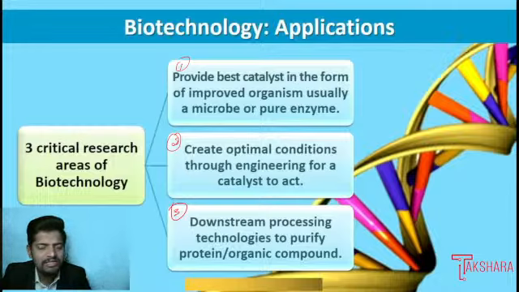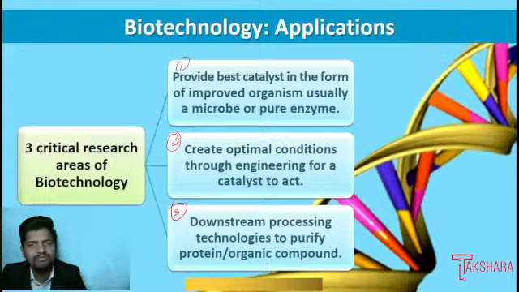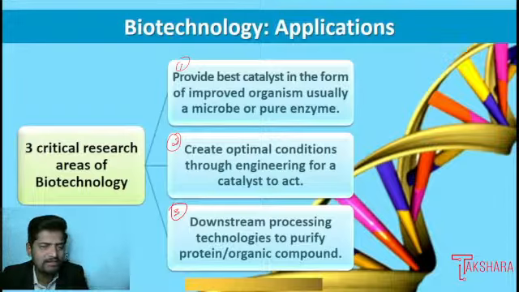So these are three very important critical research areas of the biotechnological field: providing the catalyst, creating the optimal conditions, and downstream processing for the purification of protein. These are the most important points for the research area of biotechnological critical conditions.